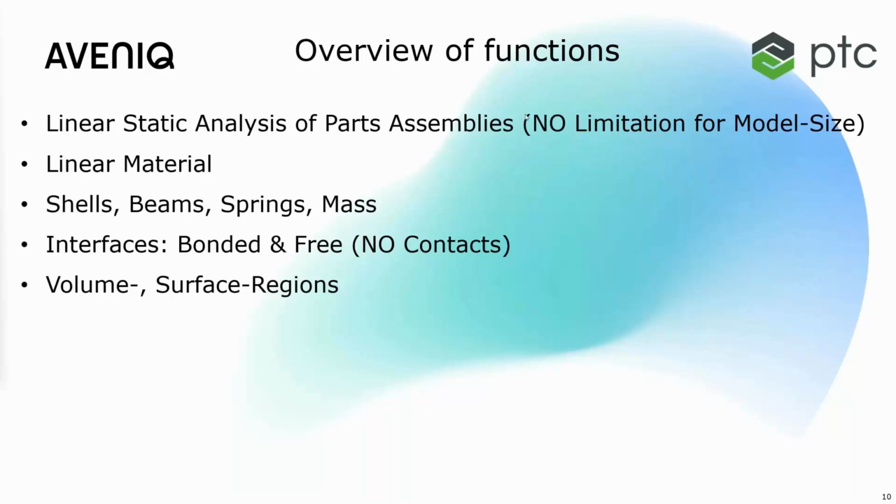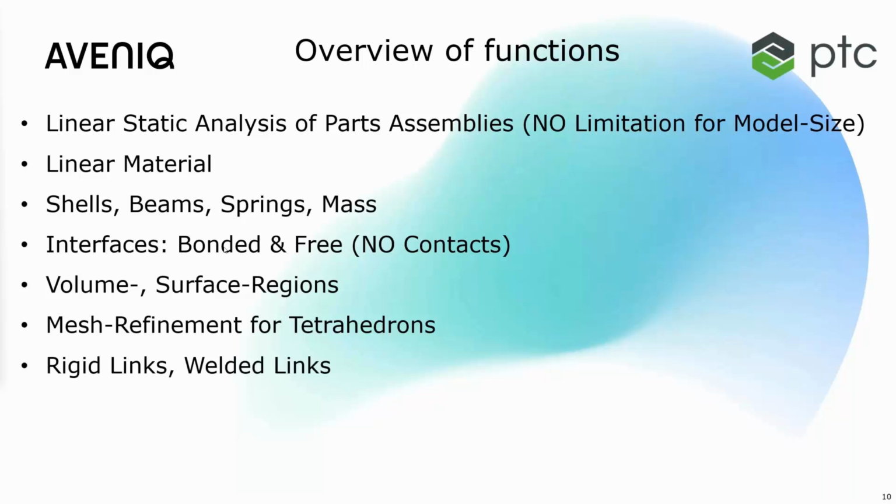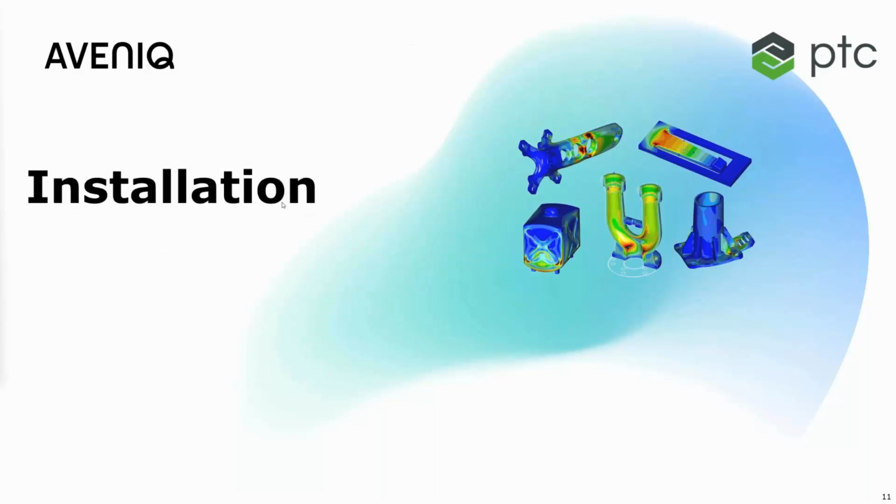You can use volume and surface regions to split surfaces and volumes to bring in special loads or constraints. You can do that also with multi-body capabilities, starting at Creo 6 in Creo Parametric. You can add some mesh refinements. I will show you that later in the live demonstrations. And you can use welded links and rigid links. I will show you the welded links during the demonstration.